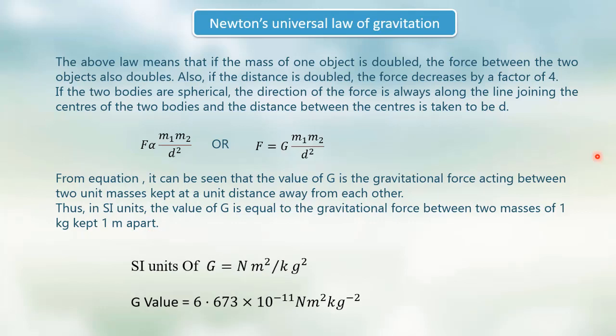So the SI unit of capital G is Newton meter square per kg square, and the G value is equal to 6.67 into 10 raised to minus 11 Newton meter square kg raised to minus 2. We can also write this as Newton meter square per kg square.